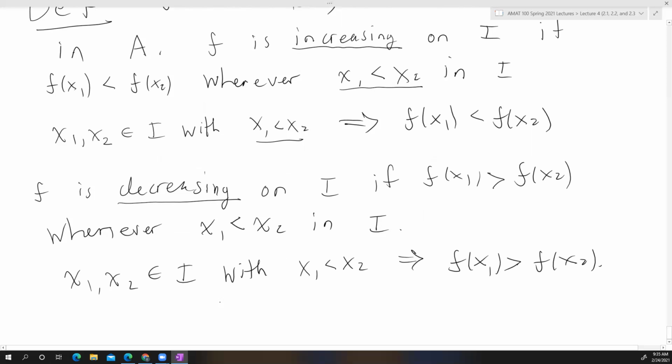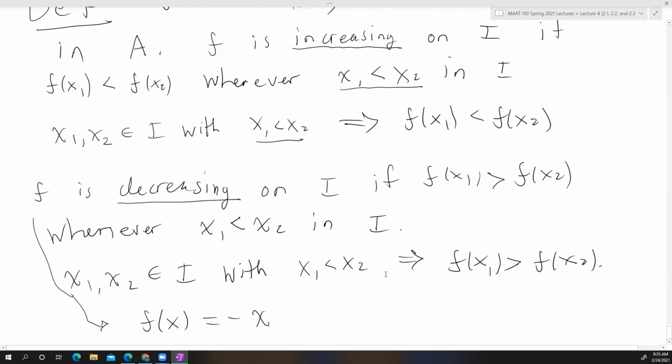So an example of such a decreasing function would be f of x is equal to negative x, right? Because when you multiply by -1 on both sides of the inequality, it reverses it. So in other words, f is acting on the inequality by multiplication of -1. So you can really think about this function as acting on the inequality.